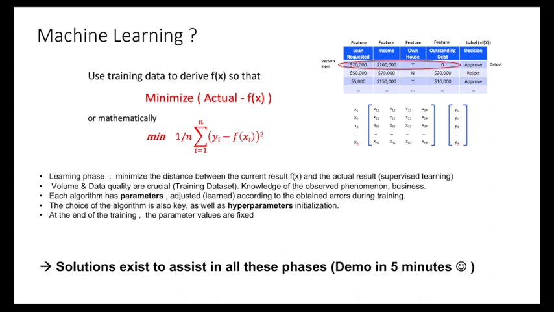So the algorithm is ready to be tested on new data never seen during the training phase. And then you can evaluate this model based on the error you get during this testing phase. Once validated by the lines of business, you can deploy this model in production and integrate it with your existing application. The model execution in production is called Inference.